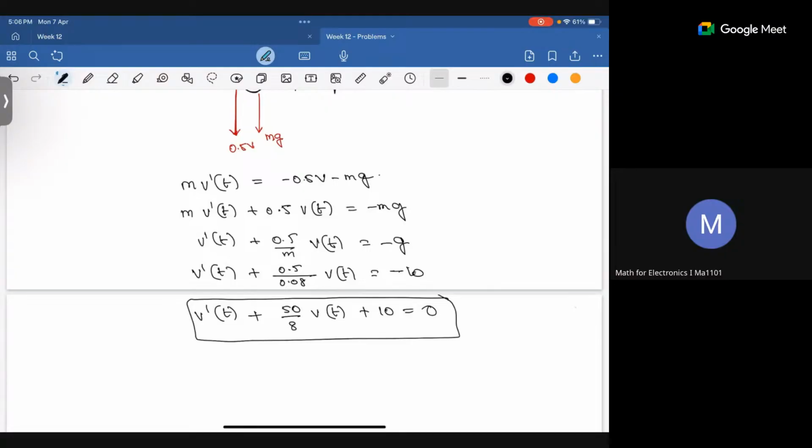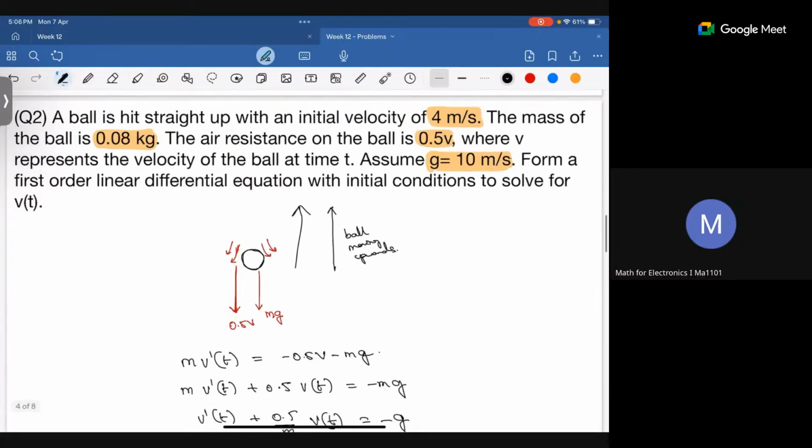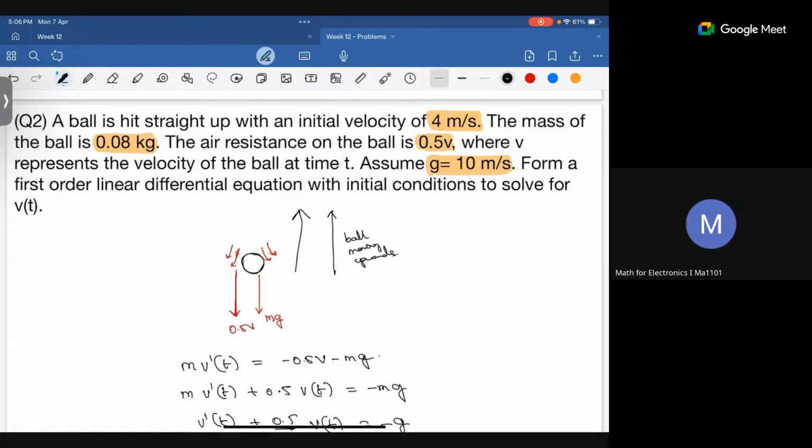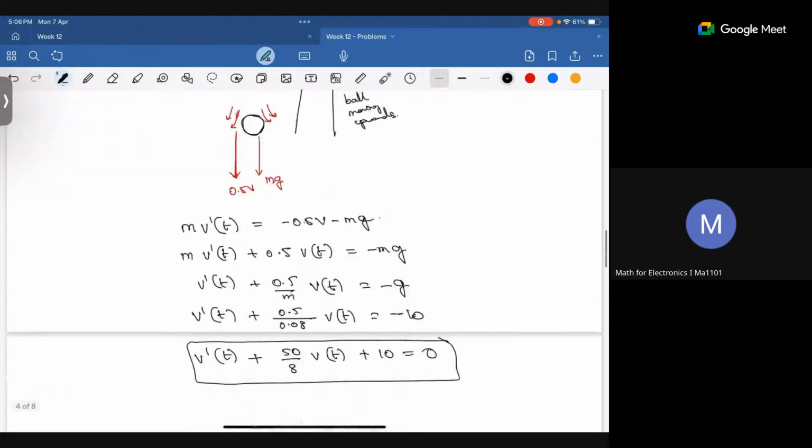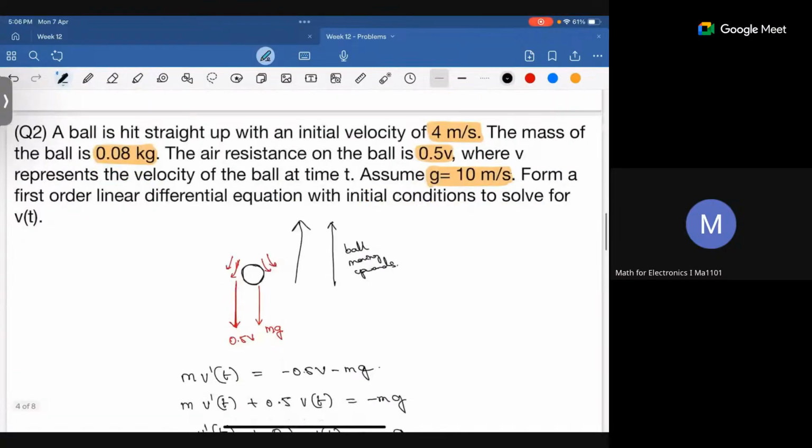This is the first order linear differential equation, right? And also, what is the initial condition? We need to write down the initial condition also. So the initial condition will come from here. It has an initial velocity of 4 meters per second.